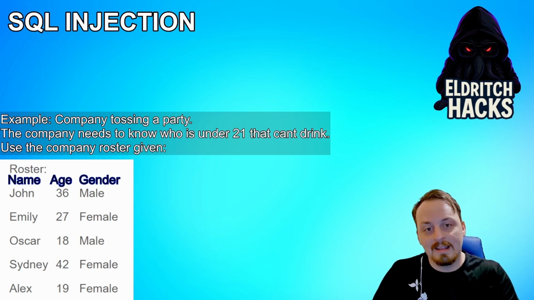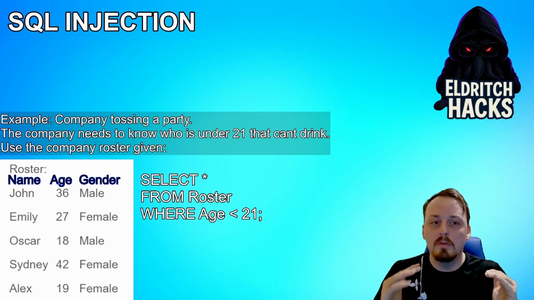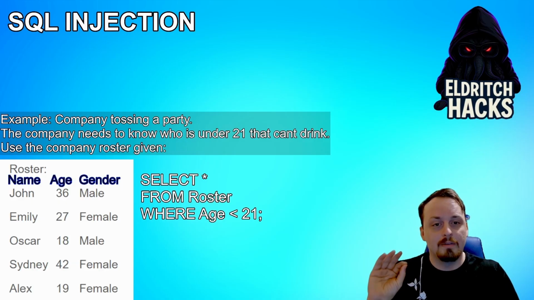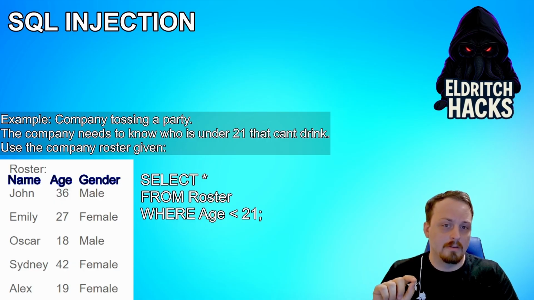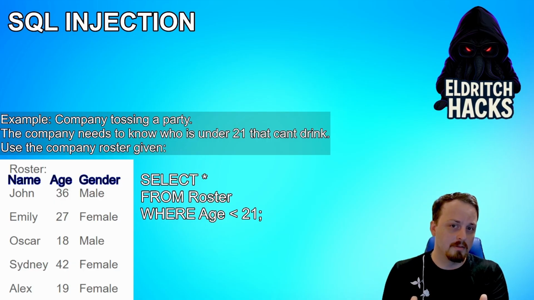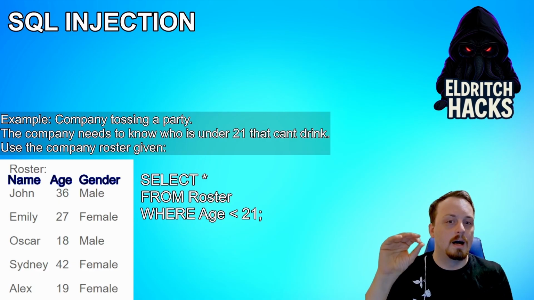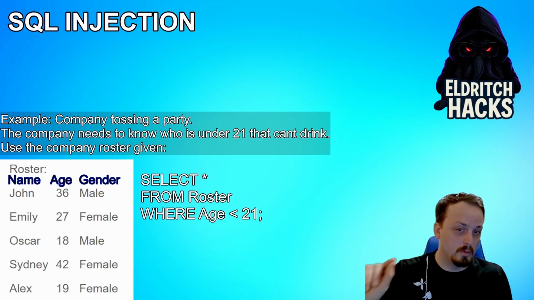So, one thing that we might do is a SQL code like this. It has a variety of different things in here. Let's do a breakdown of it. First off, it says select with an asterisk. That asterisk means select everything within the database. And from that roster, which is the name of the thing that we have saved here, where age is less than 21.